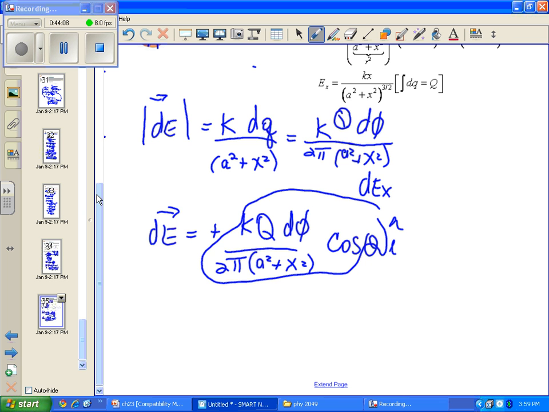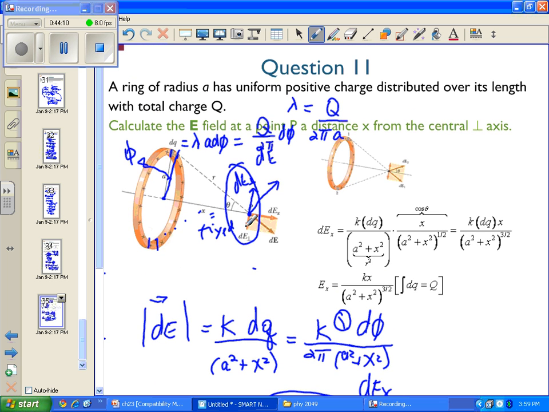Well, we can write cosine theta in terms of what is given to us here. Cosine theta is equal to x, the side adjacent to the angle, divided by the hypotenuse, r, which is the square root of a squared plus x squared.